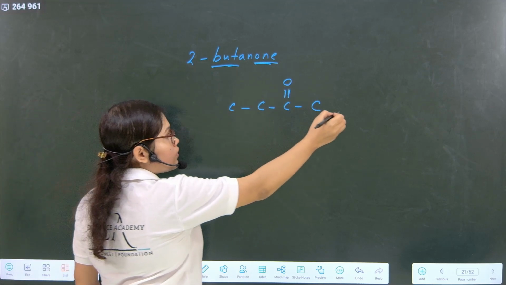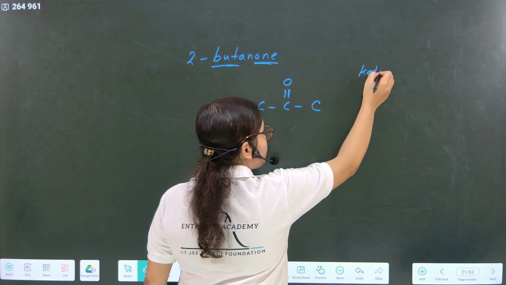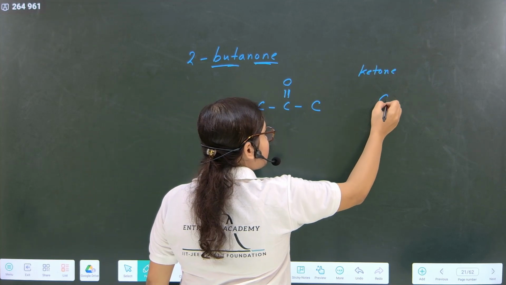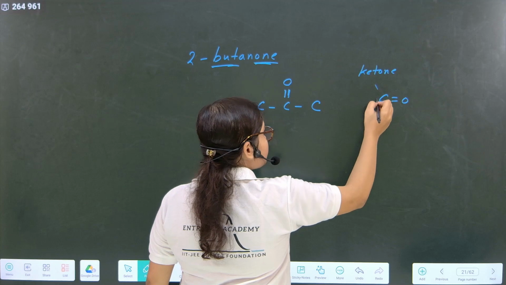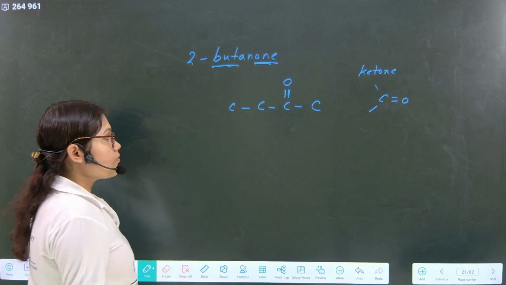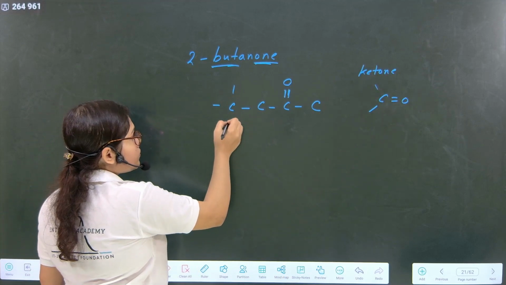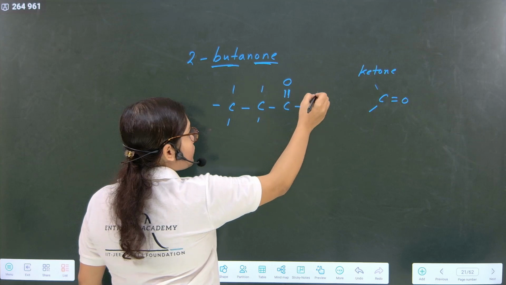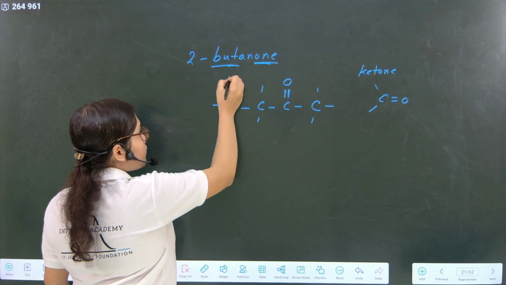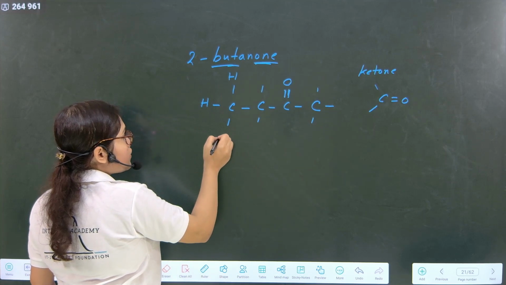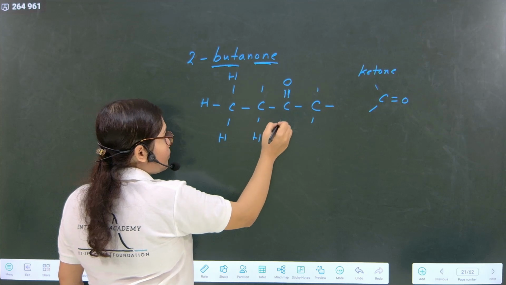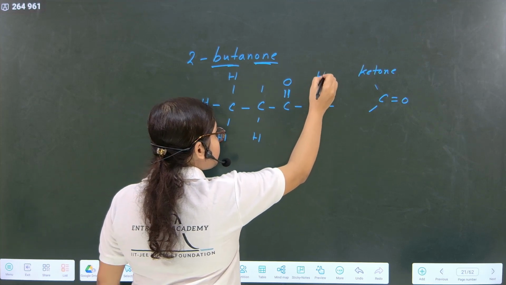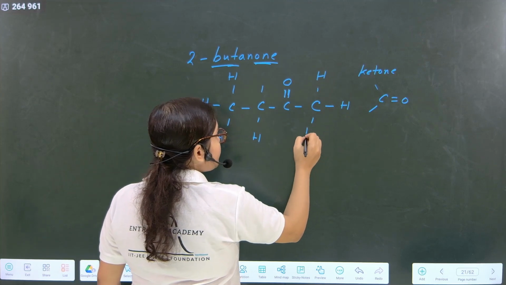Butanol is the ketone group, functional group ketone. This is the structure of 2-butanol.